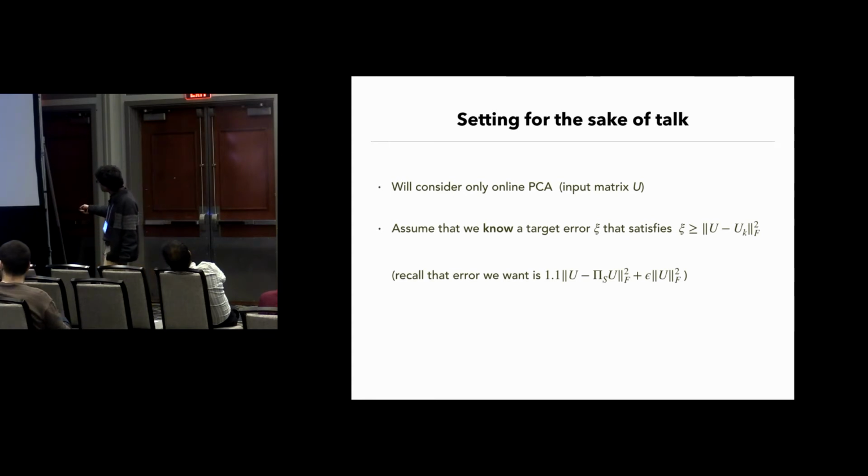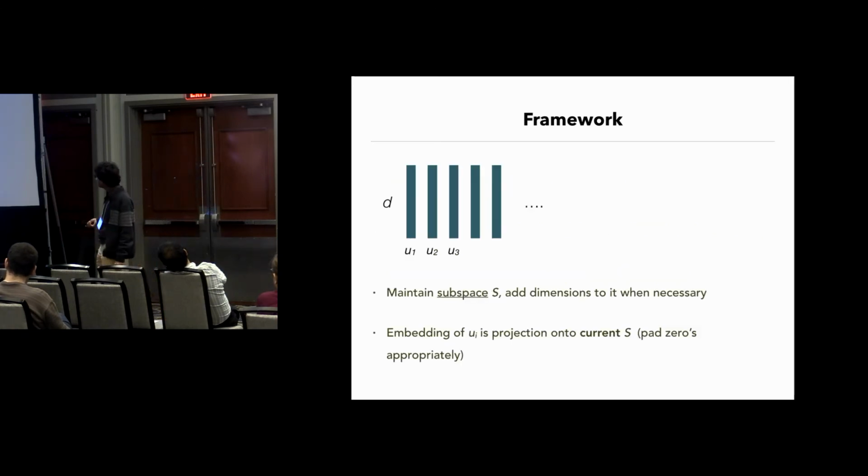More importantly, we assume that you know some target error C, and that error satisfies this quantity. The important thing is that I'm assuming I know this quantity. Note that what we are actually interested in proving is way more than this quantity. All right, so let's start with some C that we know and satisfies this property.